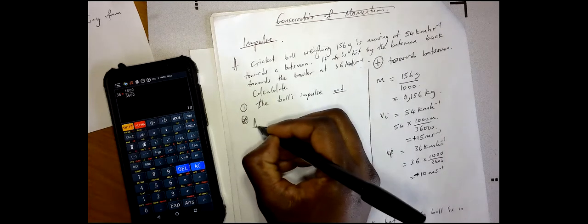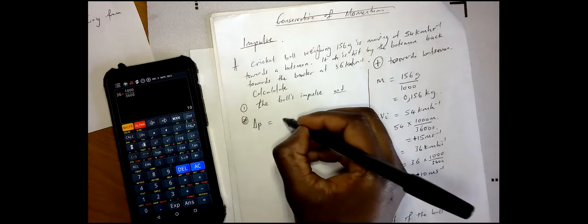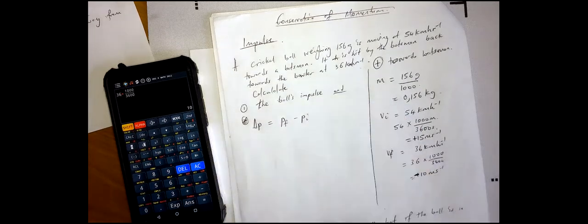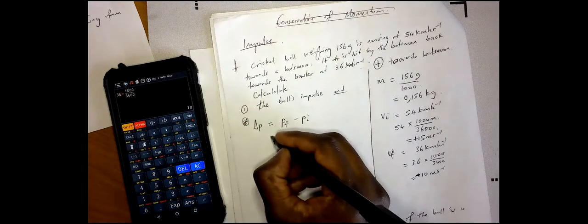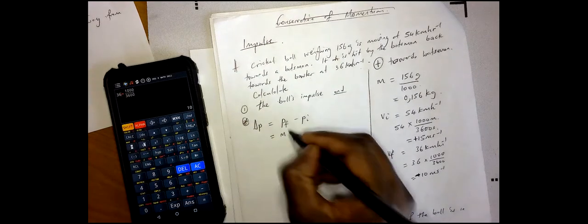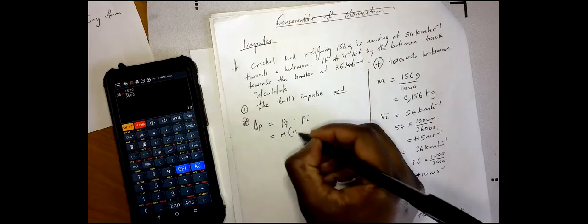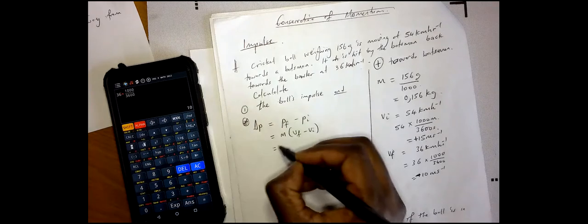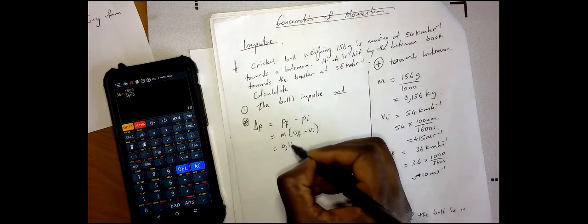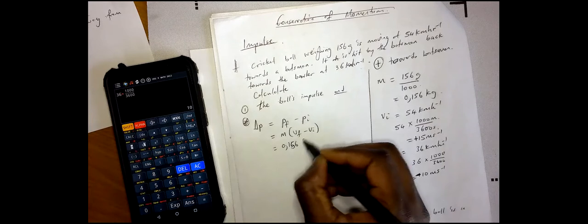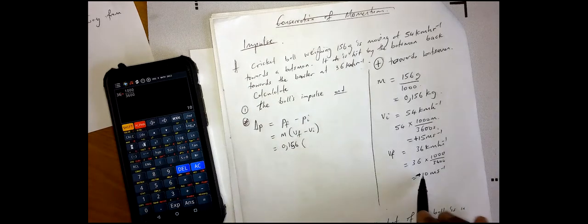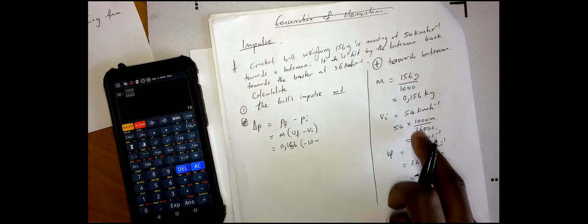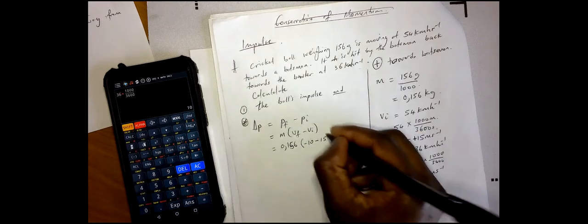Change in momentum is equal to P final minus P initial, which is equal to M times V final minus V initial, since we have the same M. That is 0.156 in brackets: the final velocity is negative 10 minus the initial, which is 15.